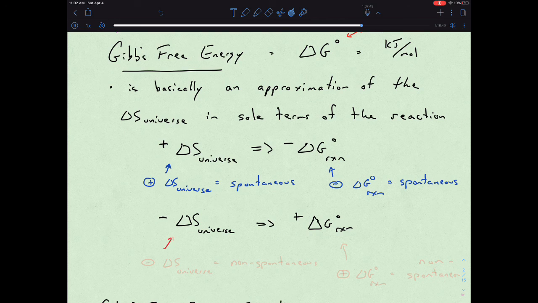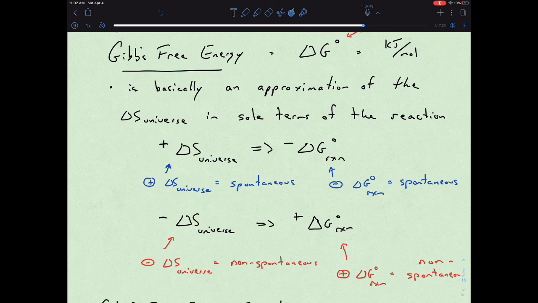So here we have our negative delta S of the universe, and so that is equal to something now that is non-spontaneous. And we have our delta G of the reaction is positive, and that is also something that is non-spontaneous.